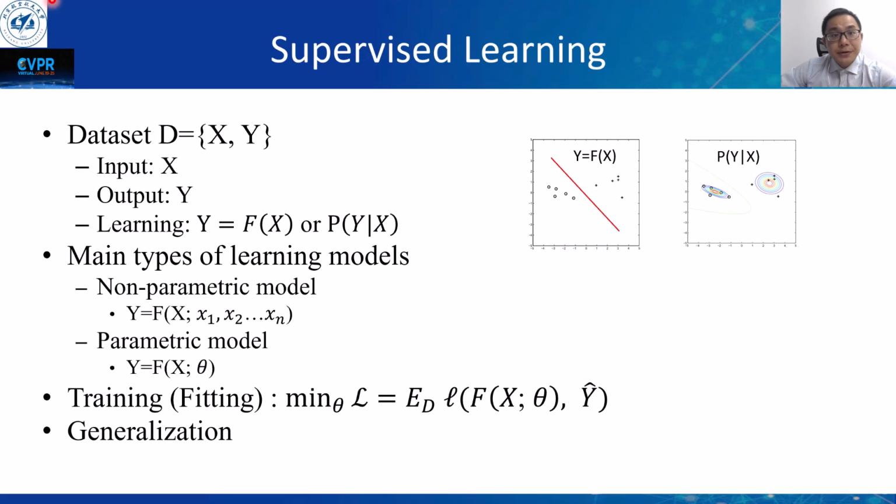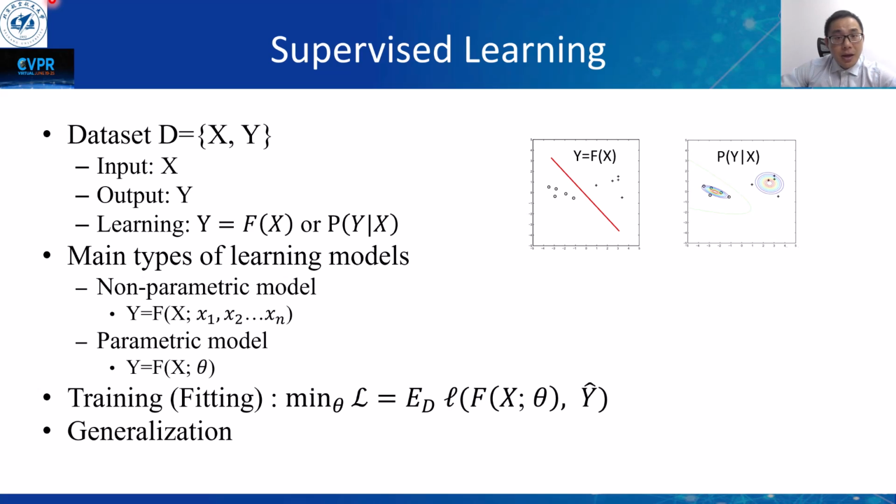So I first introduce the task we care about and some notations. I talk about supervised learning. Given the dataset, the input X and output Y, our purpose is to learn a function or conditional distribution which can model the mapping between the input and the output.